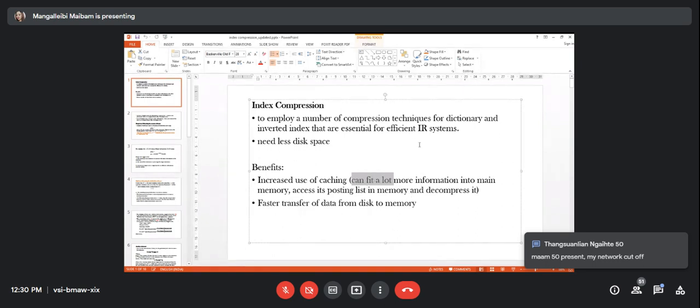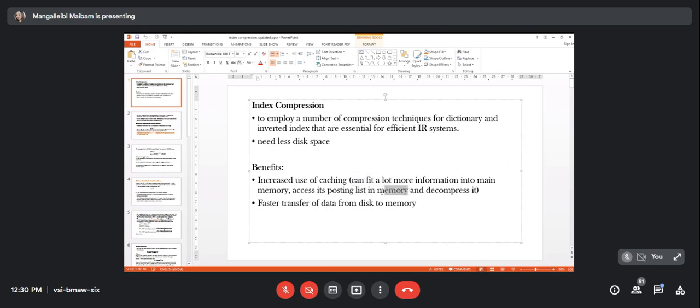Your compressed dictionary will be loaded into memory, and if we want to access it we access the posting list in memory itself, and after that we can decompress it.